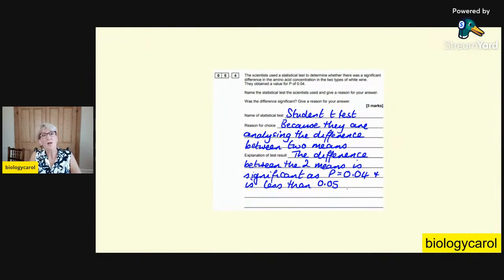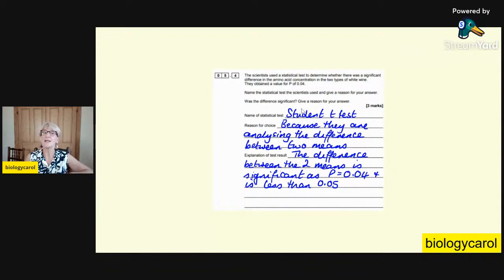Explanation of the test result. Well, you've been told that they've got a p-value of 0.04. Michael, I'm going to come to you. I've just seen your question. I'll come to you in a second. They've got a p-value of 0.04. Well, that p-value, p equals the probability that the number that they got out of the test was due to chance. That is 0.04 or 4%. The cutoff that biologists use is 5%, or p equals 0.05.